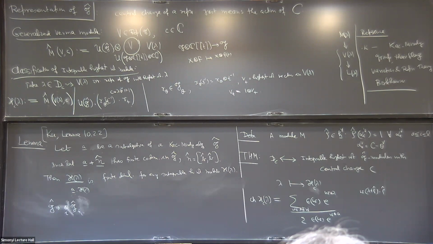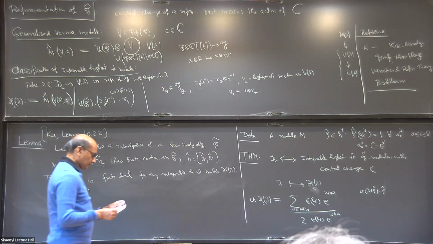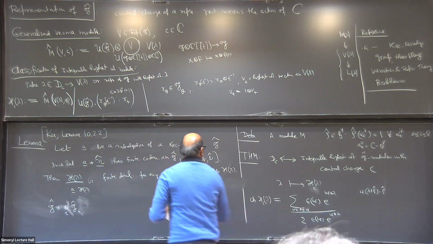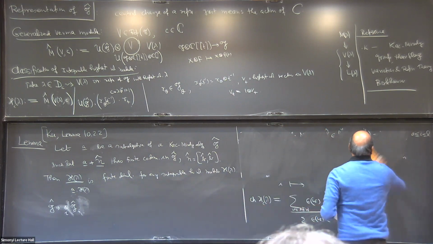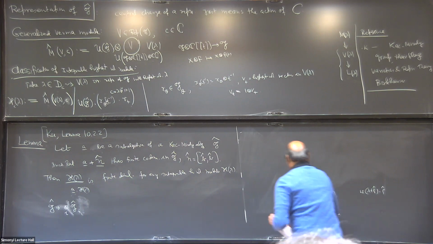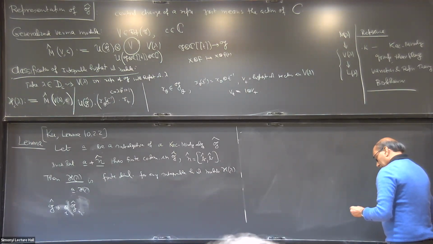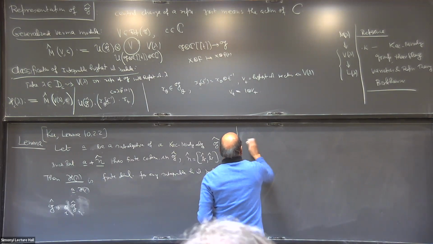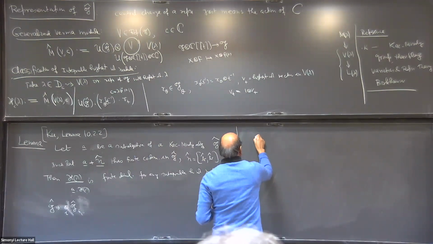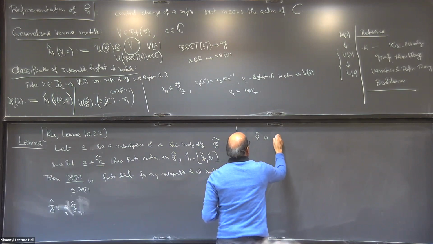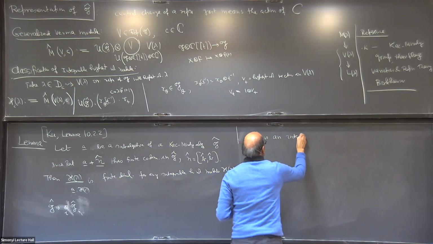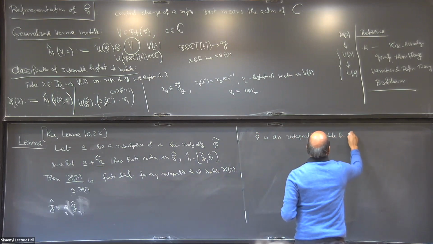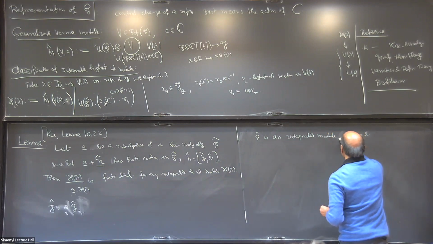Okay, right. So first of all, G hat is an integrable module for the adjoint representation.